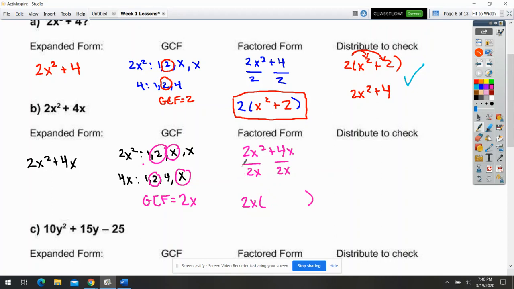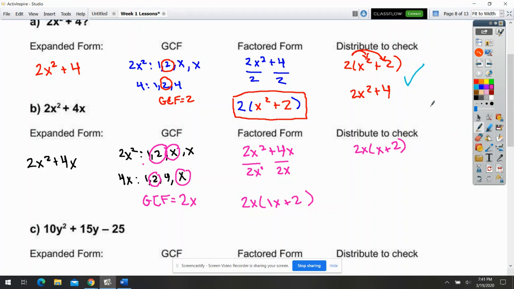So 2 divided by 2 is 1, which you don't really need to put. x squared divided by x to the first is just x to the first. And 4x divided by 2x would just be 2. So our factored form is 2x times x plus 2. You don't need to write the 1 in front of the x. So this is our factored form.